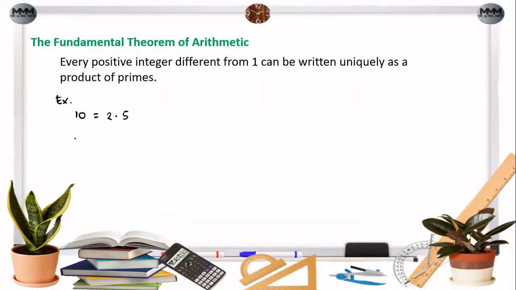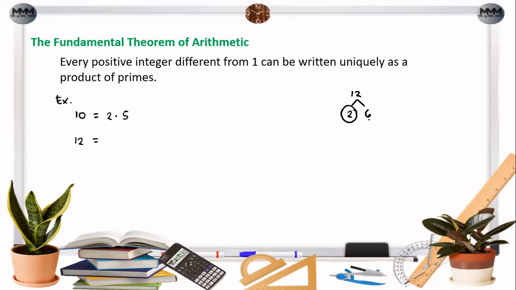Now let's have here another example, say 12. So again, here we are going to find the prime factors of 12. Or we will write 12 as the product of primes. Now to get the prime factors of 12, we can have this method. Say we have here 12. Now the product of 12, we have 2 and 6, but 6 is not yet a prime number, whereas 2 here is a prime number.